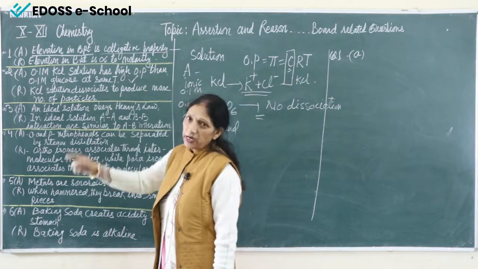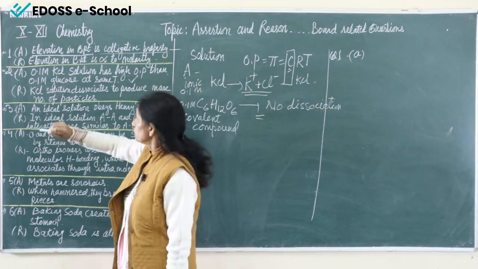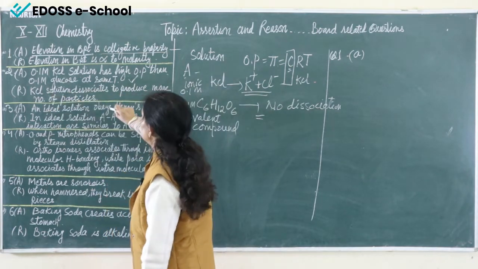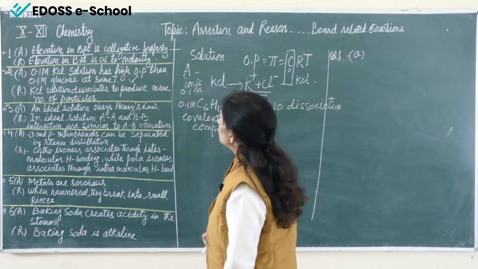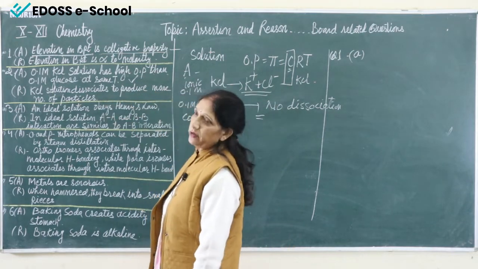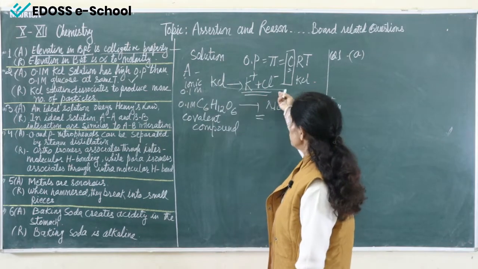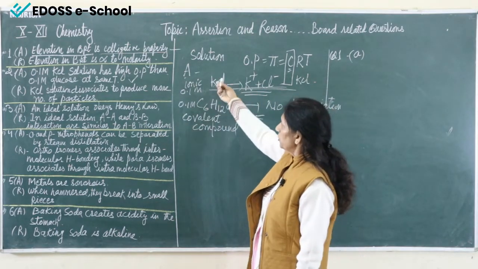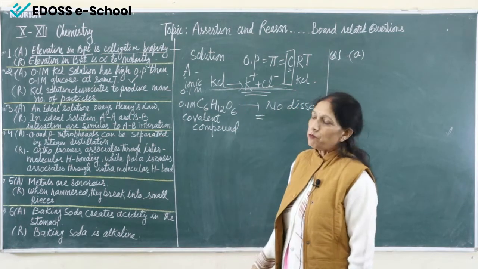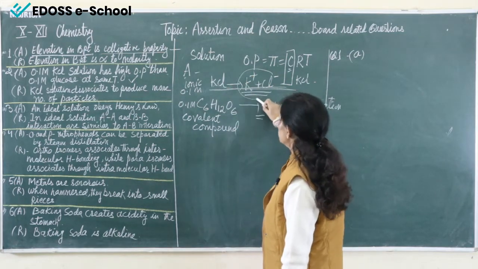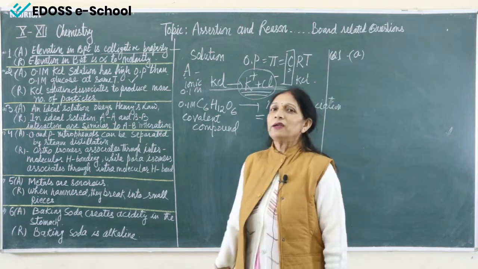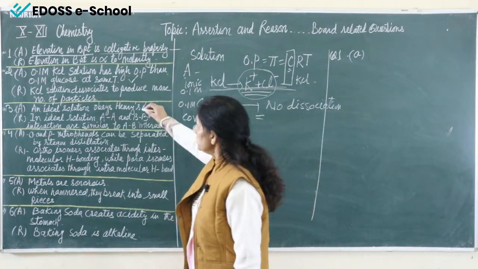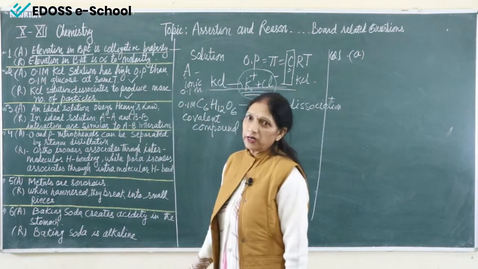Now coming to the reason. See the reason: KCl solution dissociates to produce more number of particles. Now this I have already shown you here. The reason is already explained here, because KCl is an ionic compound, so it is completely dissociating into potassium ion and Cl ion. That means this is also right.